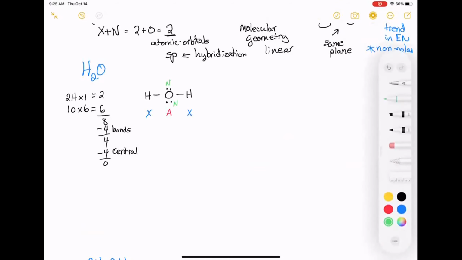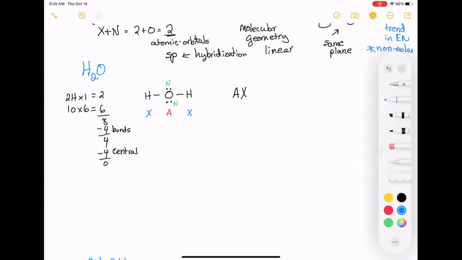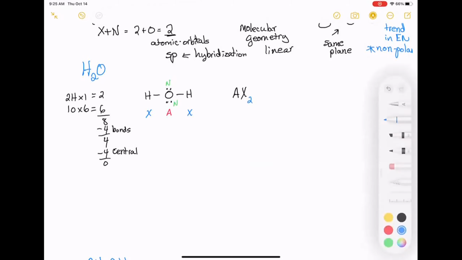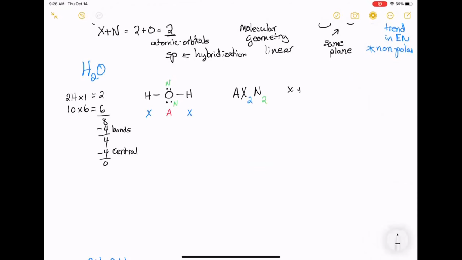So this particular compound is an AX2N2, where X plus N is equal to 4.